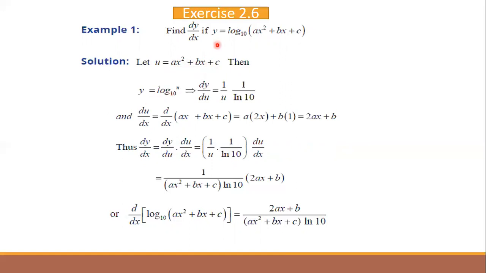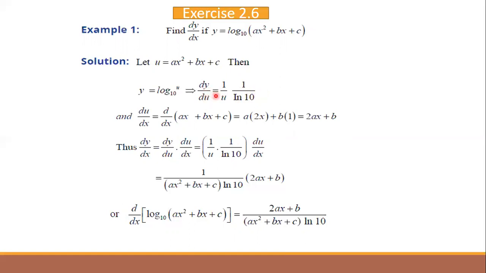Then this equation can be written as y is equal to log of u to base 10, and dy by du is equal to 1 by u into 1 by natural log of 10 into d by du of u, and the derivative of u with respect to u is 1, so that is not necessary here.